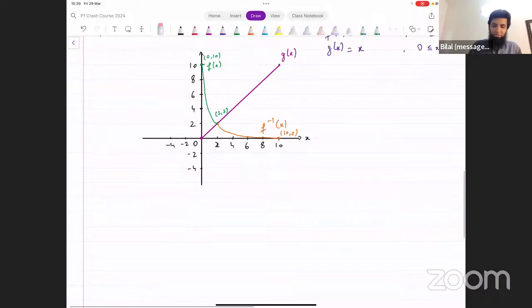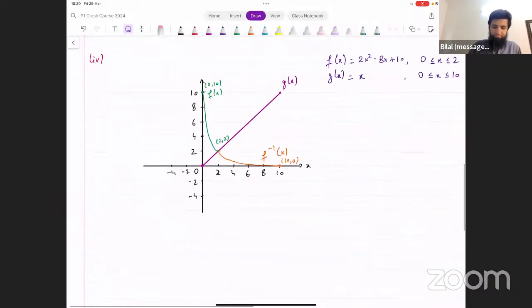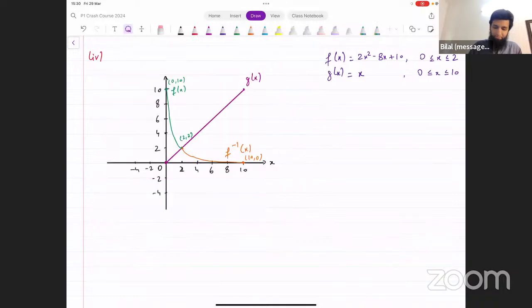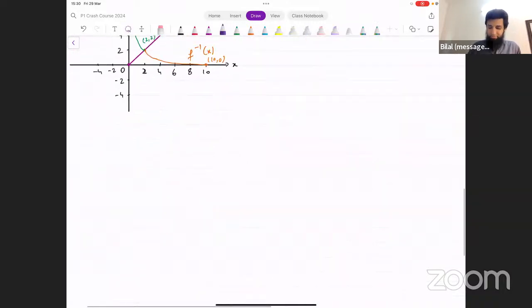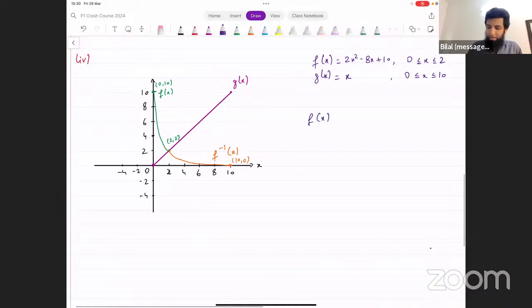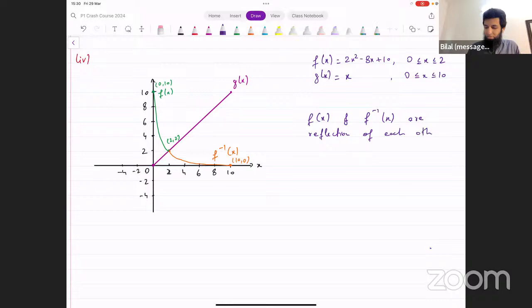You would say f of x and f inverse of x are reflections of each other in the line y equals x, which is basically g of x.